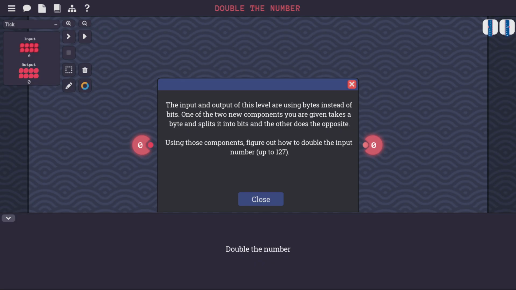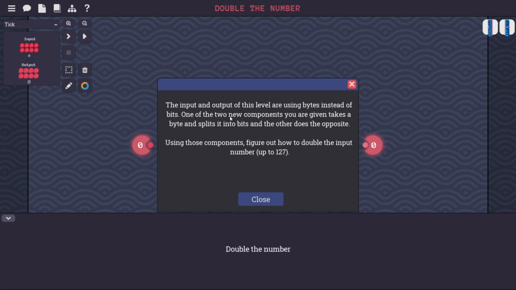And now we are going to deal with a byte, which is essentially 8 bits. So we are told the input and the output of this level are using bytes instead of bits. So right now, this is a byte.